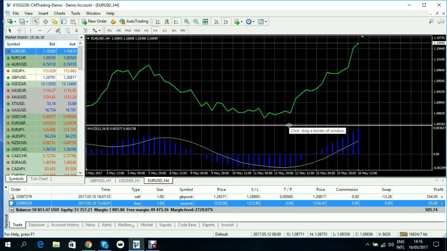MACD is an indicator that is also important to we traders, and we use MACD to identify moving averages that are indicating a new trend, be it a bullish, that is a buy trend, or be it bearish, that is a sell trend.